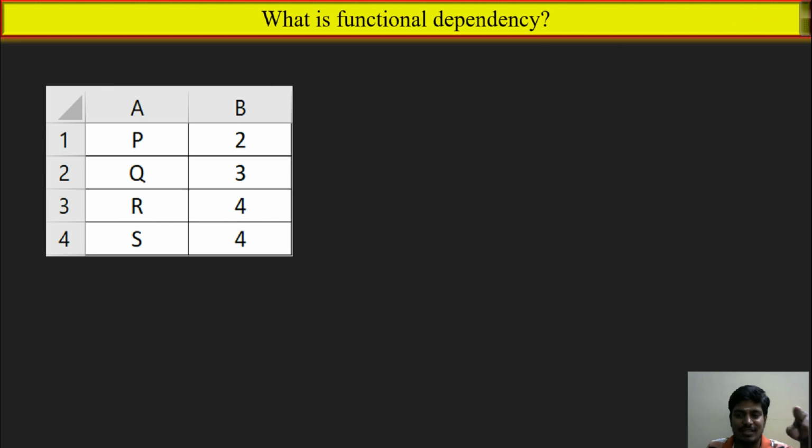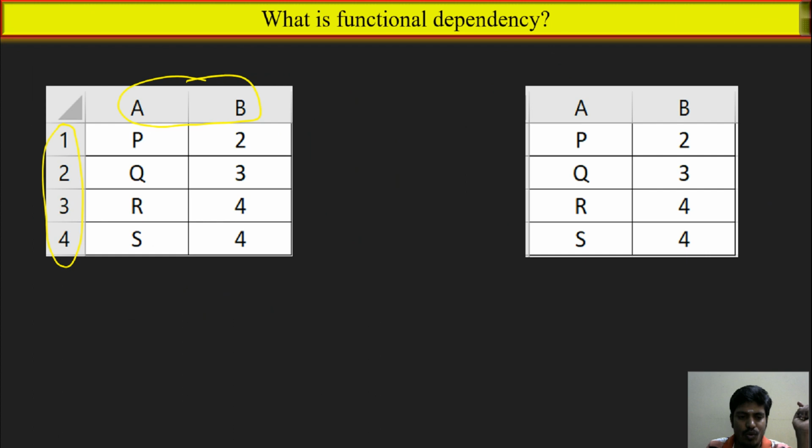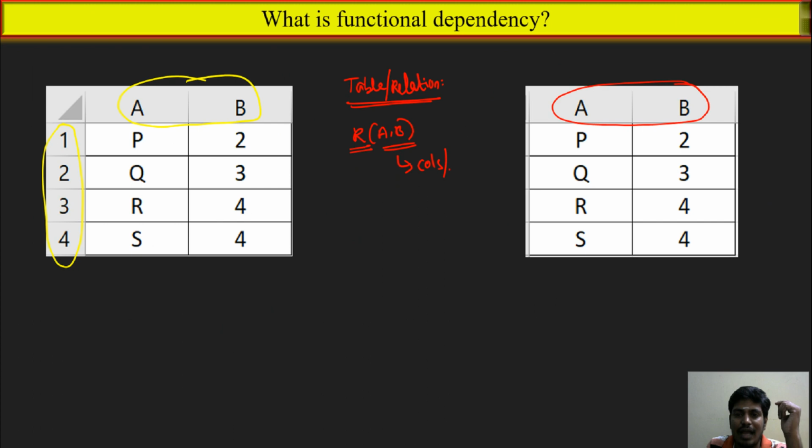This is Excel, where we have both rows as well as columns, whereas in a DBMS you have only the column component. Correct? For every table or relation in a database management system, you represent it as R of A comma B. That means you have a relation R that contains two columns, which are attributes.